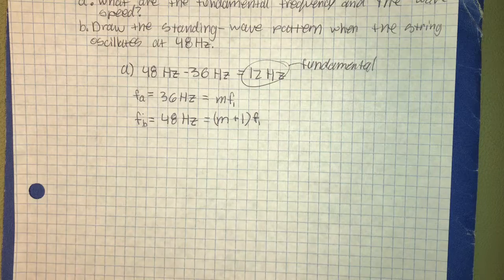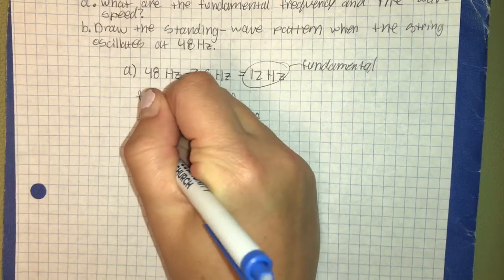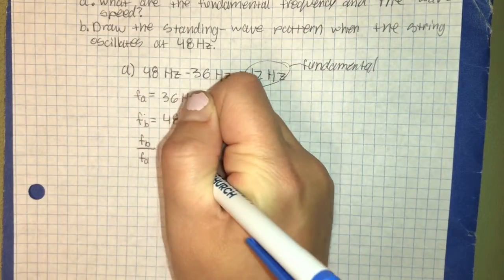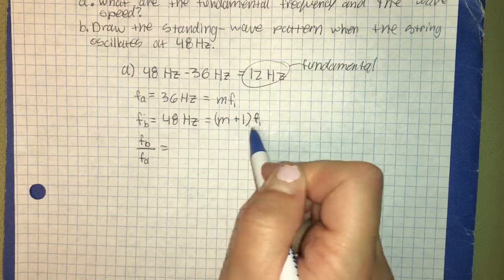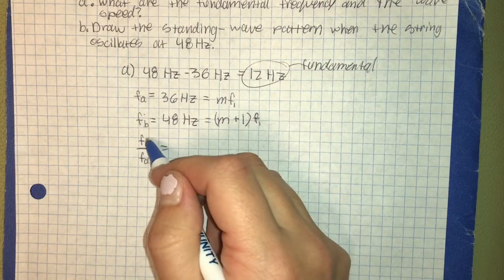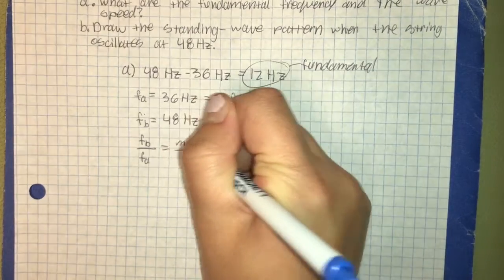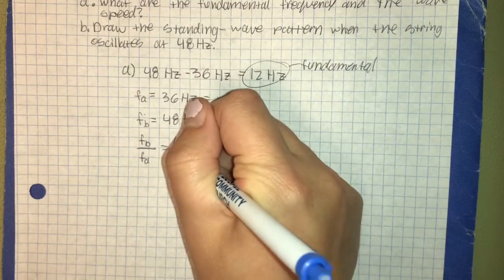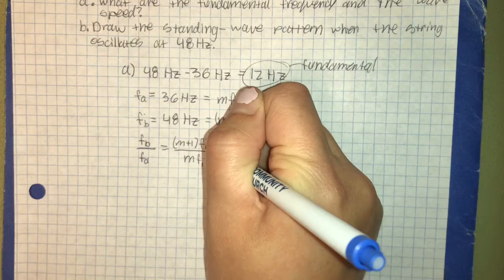So to symbolically relate these to each other, we're going to set a ratio up, that frequency over the first frequency. And if we were to plug these in for frequency A and frequency B, we would have mode plus 1 times the initial frequency over mode times that same initial frequency.